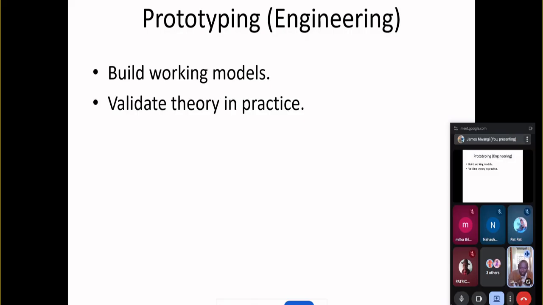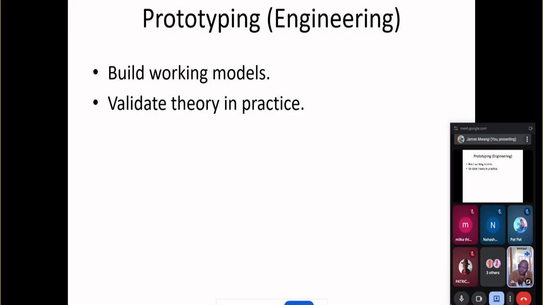You design the shape, it's much better, no turbulence, it has traction as the wind passes over the car. It has the reverse effect of a plane. Instead of flying, it is pressing on the ground more, therefore more traction, things like that. So you build now a working car or a wheelbarrow or whatever you are making, and you validate that theory in practice. So you come up with a jam or whatever you are doing.